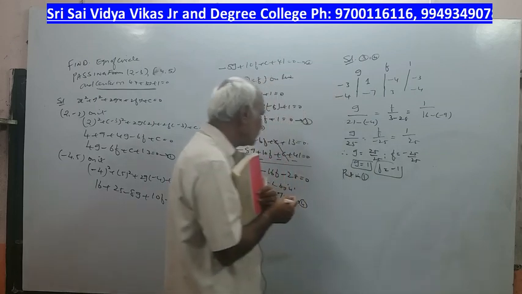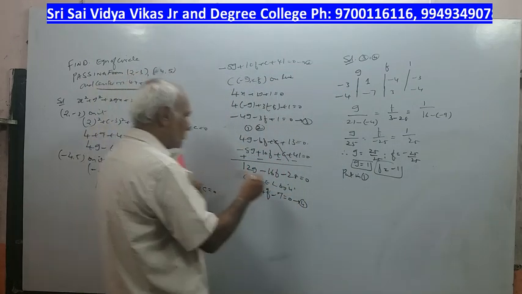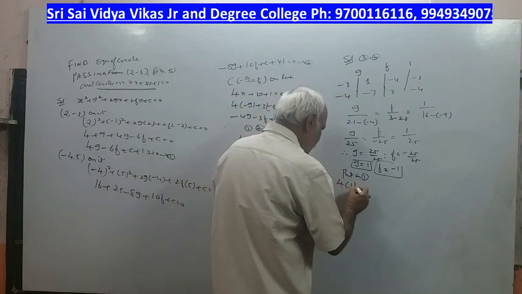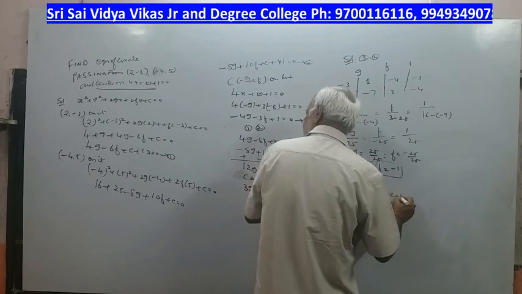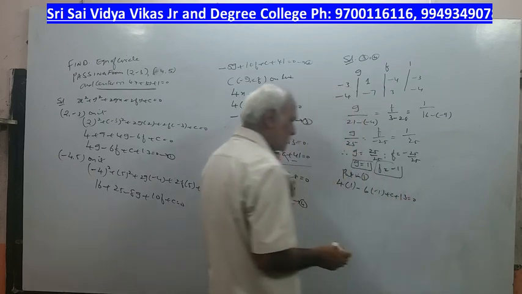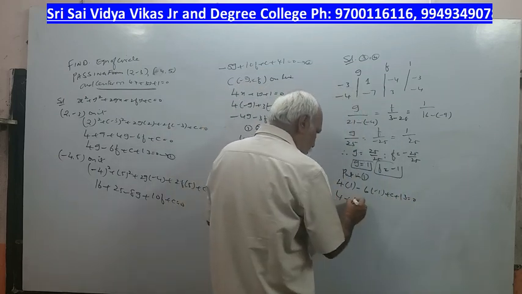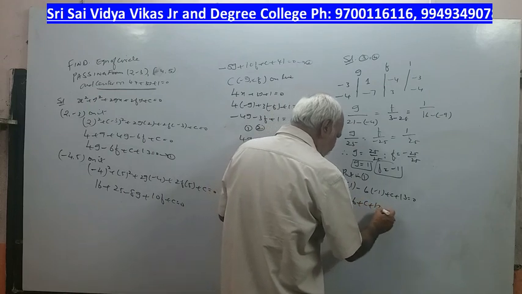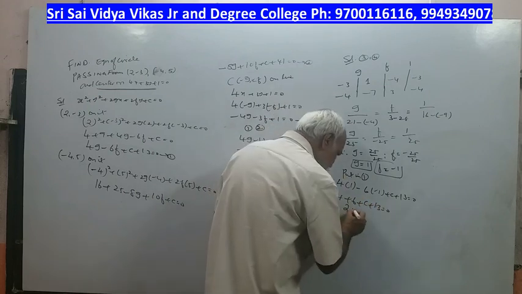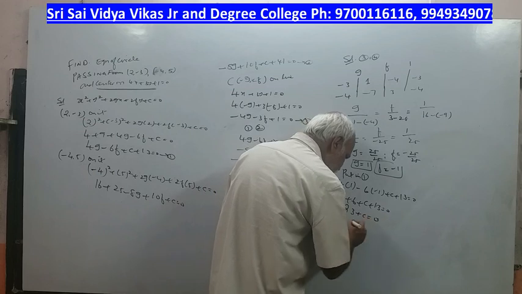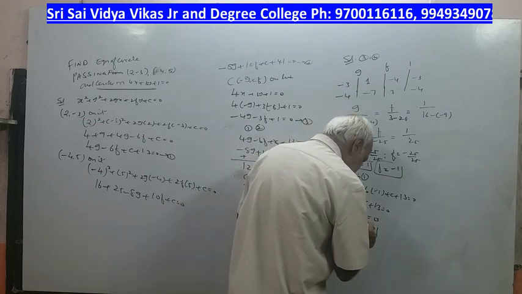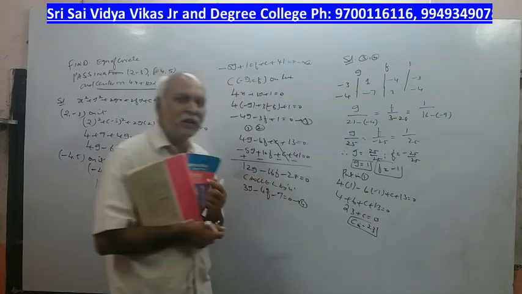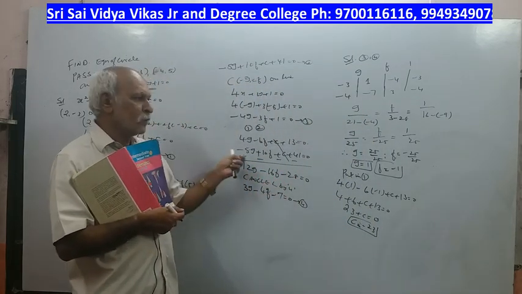Put in the first equation. What is the first equation? 4 into 1 minus 6 into minus 1 plus c plus 13 is equal to 0. So this becomes 4 plus 6 plus c plus 13 is equal to 0. 23 plus c is equal to 0, c is equal to minus 23. Means what? Every time we have to get 3 equations, solve 1 and 2.